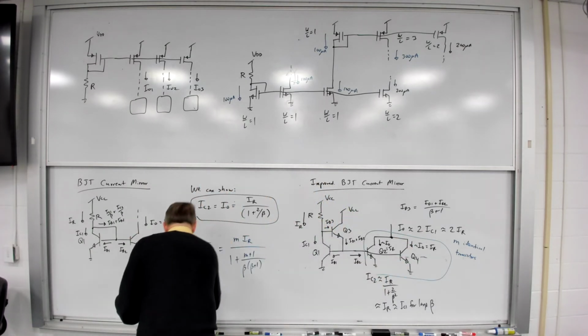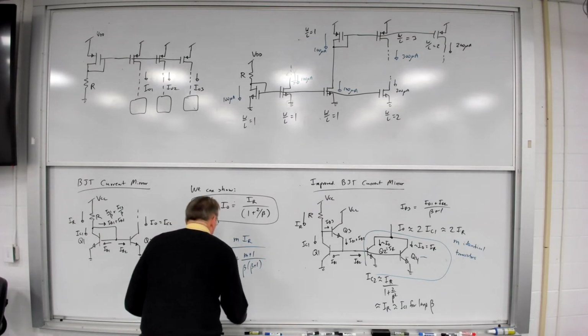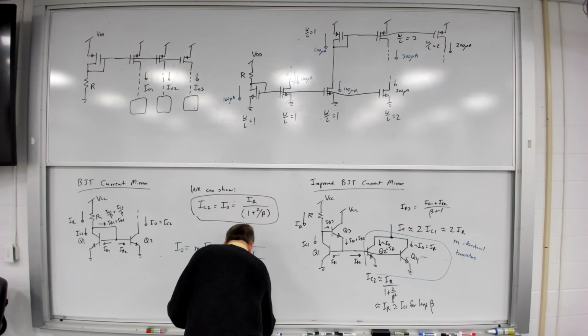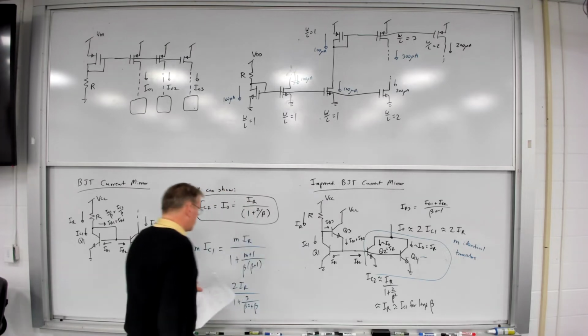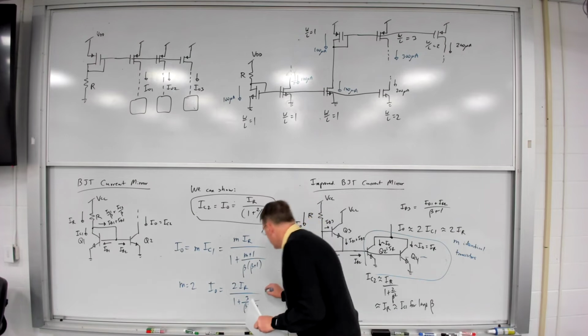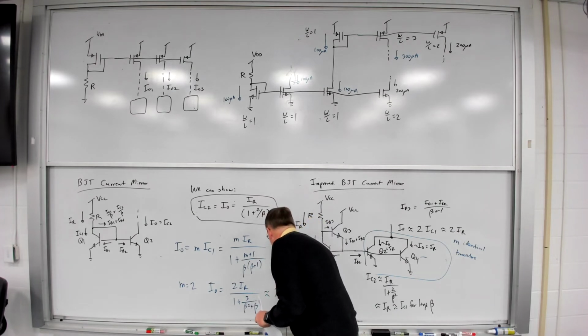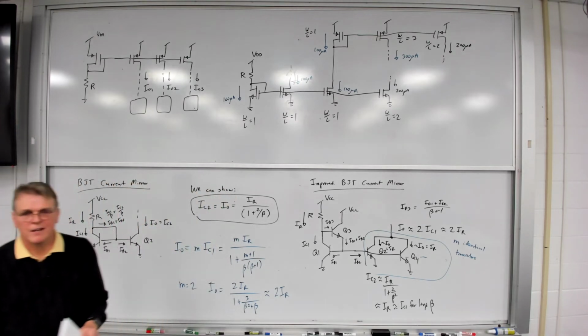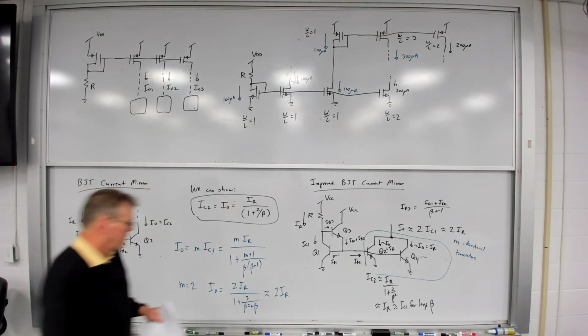So if M equals 2, then I0 would be equal to 2 times IR divided by 1 plus 3 over beta squared plus beta, which would be approximately equal to 2IR, assuming beta is large.